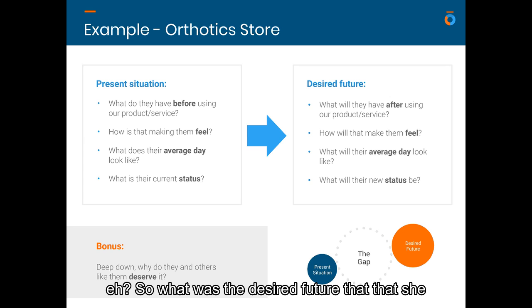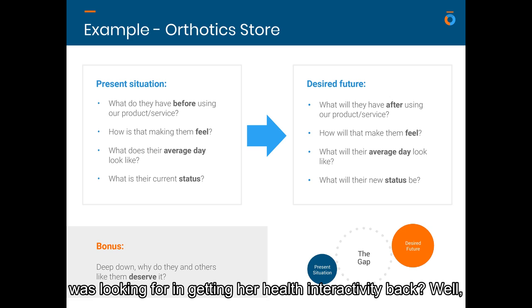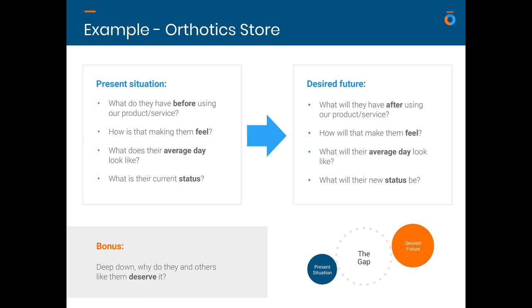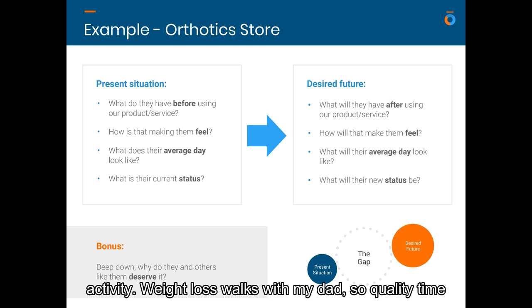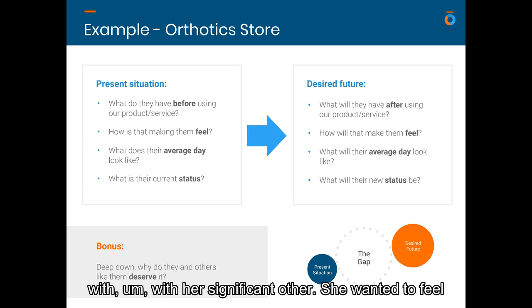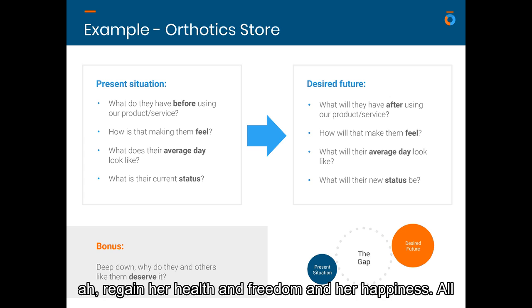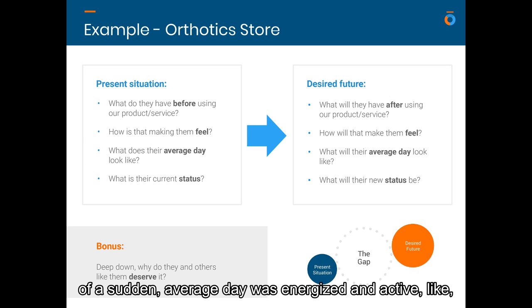So what was the desired future that she was looking for in getting her health and her activity back? Well, she wanted less foot pain, soreness, higher levels of activity, weight loss, walks with my dad, so quality time with her significant other. She wanted to regain her health and freedom and her happiness. All of a sudden, the average day was energized and active.